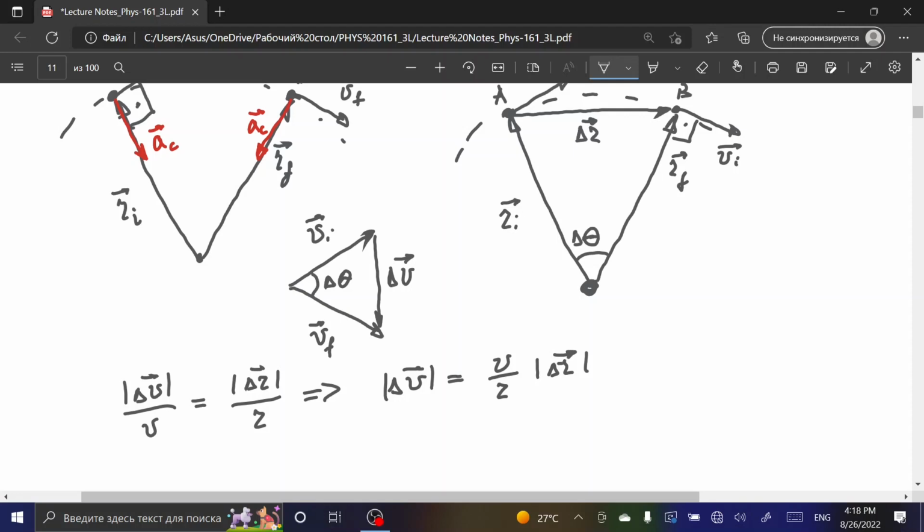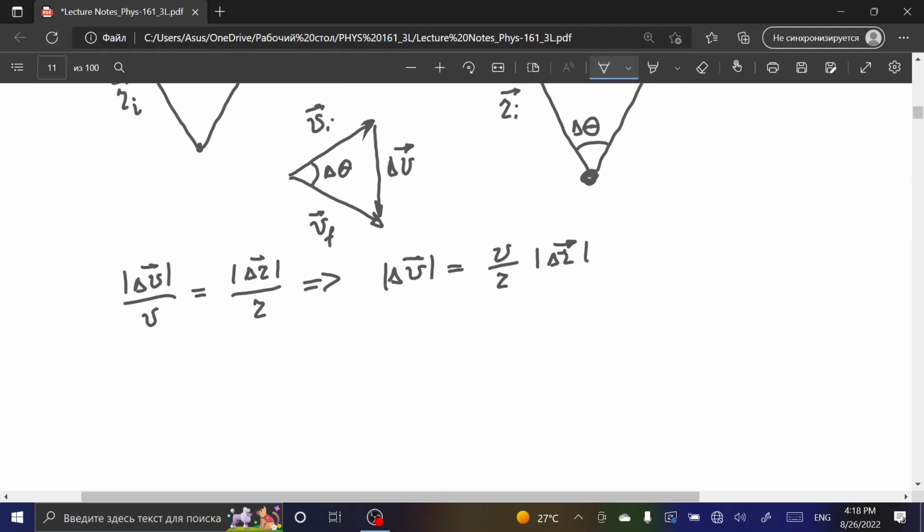So now we remember the definition of acceleration. Let us consider first some average acceleration. That is the ratio between the change in velocity and the change in time. So it shows how fast we change velocity over time.